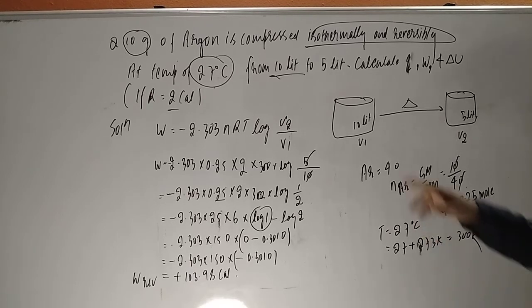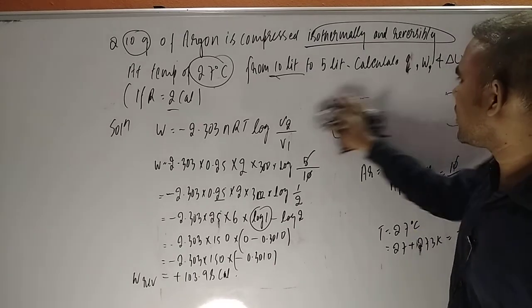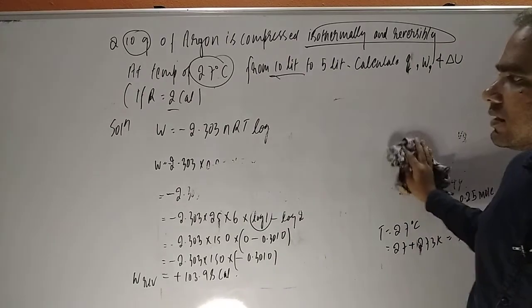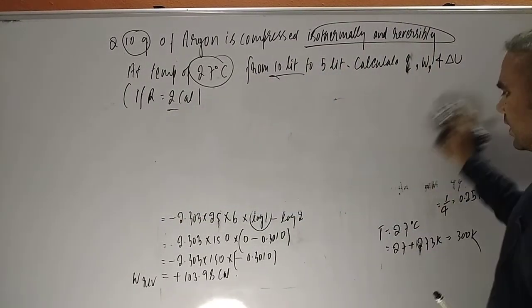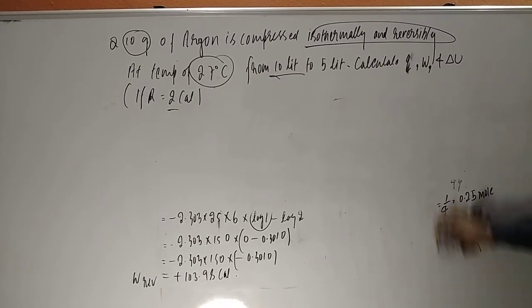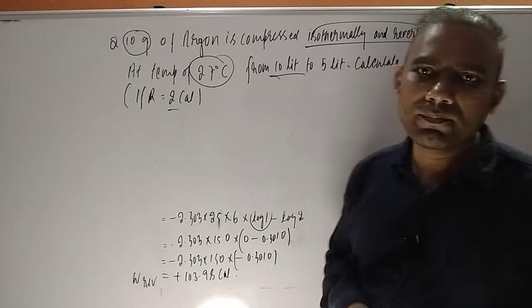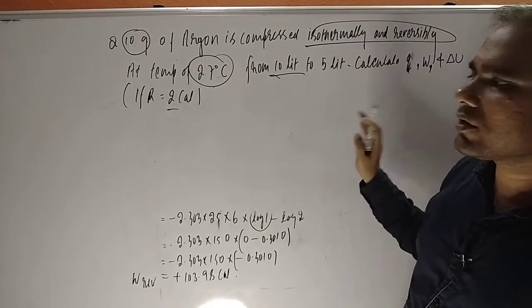Now we are going to calculate the other things required. They ask to calculate Q. W we got, and we have to calculate delta U also. Since this is an isothermal process, you have to keep in mind that internal energy change will be 0. Why? Because internal energy is directly proportional to temperature.